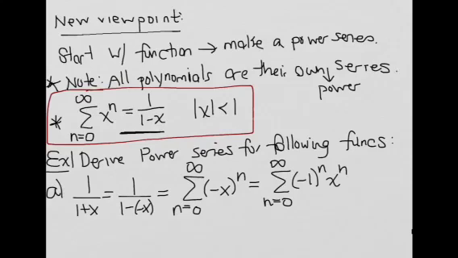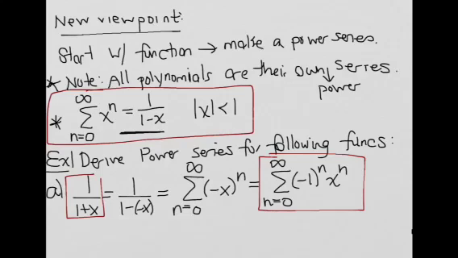So this is the idea: we're taking a function, such as 1 over 1 plus x, and trying to come up with a way to write it as a power series. The one that we're using as a baseline is 1 over 1 minus x, and we know that it's equal to the sum of x to the n using the geometric series. Then 1 over 1 plus x is just a slightly altered version of 1 over 1 minus x.